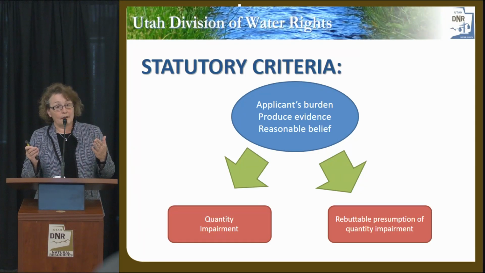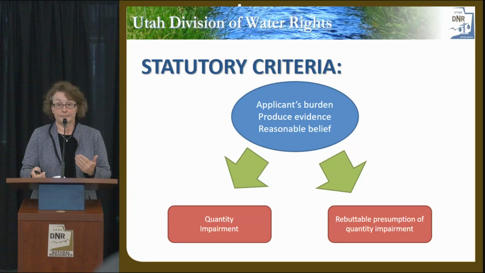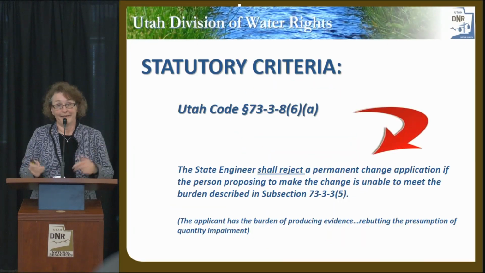But within that criteria, keep in mind that there are quantity impairment and then a rebuttable presumption of quantity impairment, and they are slightly different. And so I was just trying to, with this slide, emphasize that those are two different concepts, but very related.